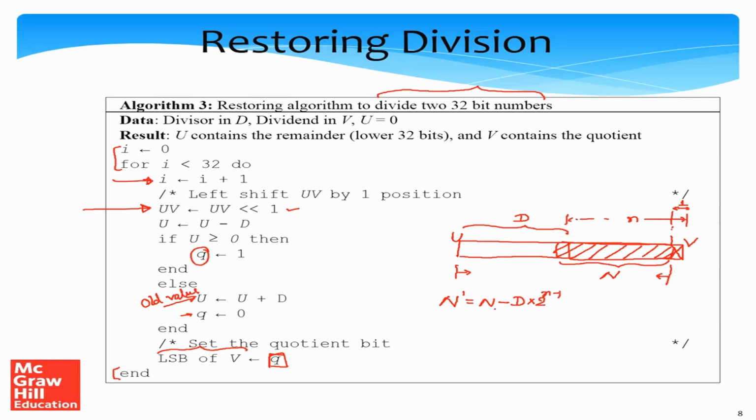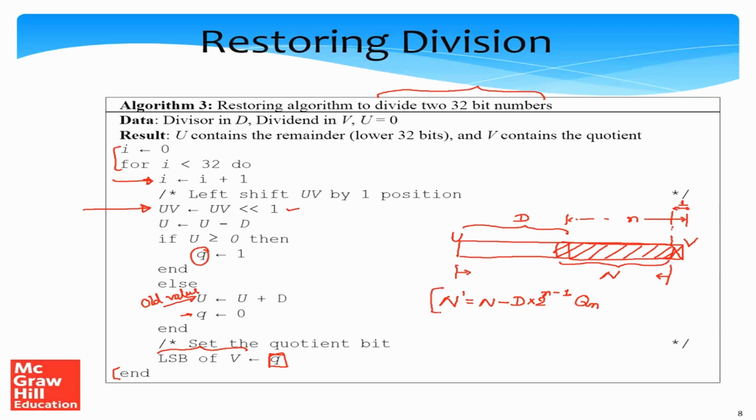Right, and since, well, I can maybe clean up the minus 1 a little bit. Okay, and since I initially assume that the quotient bit is 1, I can add Qn, where Qn is 1.